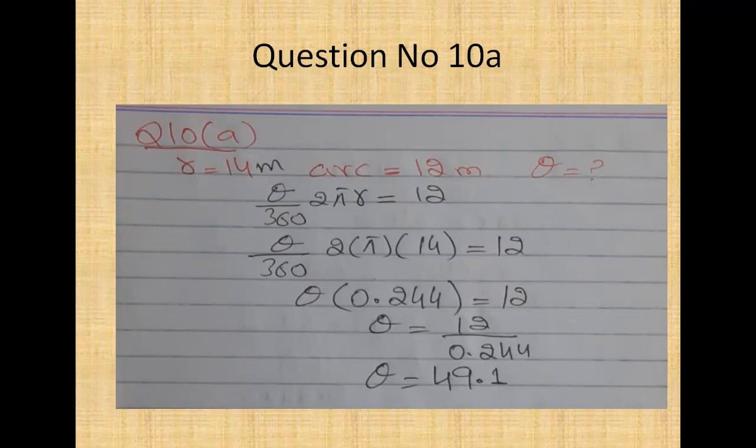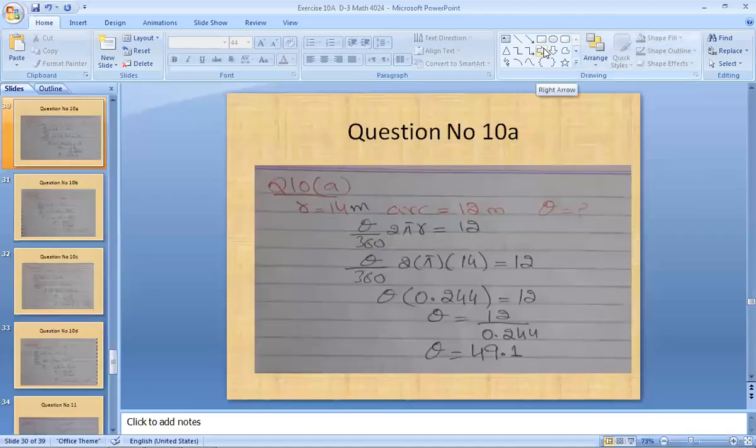So this 0.244, which is multiplying with theta, will go on the other side and divide. So you will have 12 divided by 0.244, so it will be 49.1. Sorry, I said centimeter, it is degrees. So the angle subtended at the center will be 49.1 degrees.